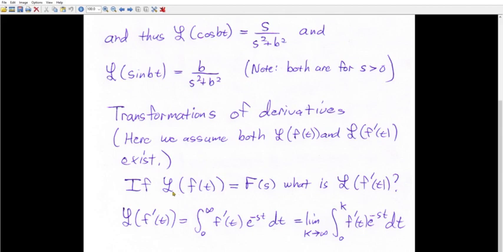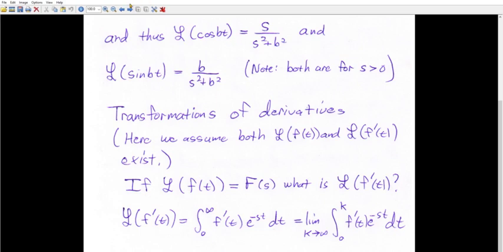Okay, so if the Laplace transform of little f is capital F of s, what is the Laplace transform of its derivative? So the Laplace transform of f prime of t is equal to the integral from 0 to infinity of f prime of t e to the minus st dt, which is the limit as k goes to infinity of the integral from 0 to k of f prime of t e to the minus st dt.